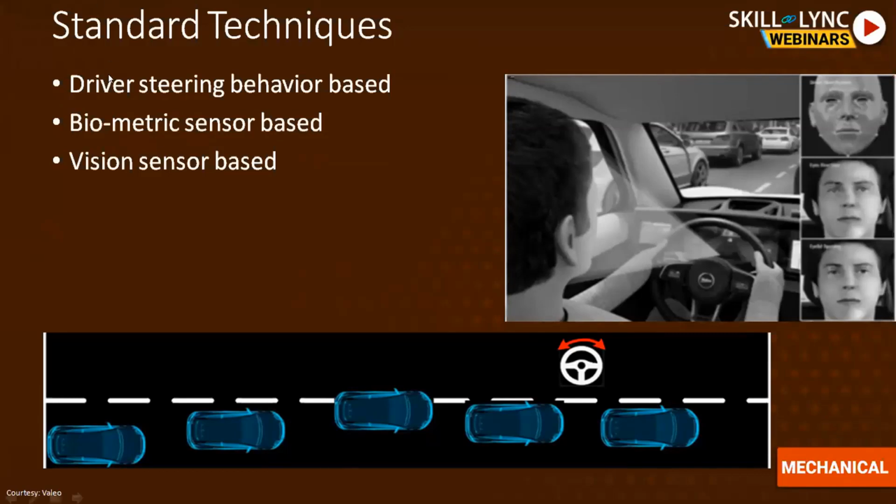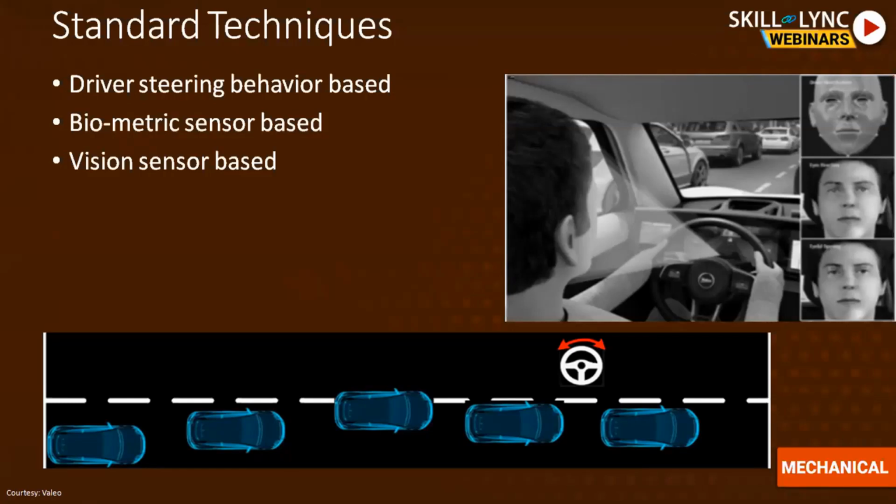The third technique, the vision sensor-based technique, is the most advanced technique that we have. As I can see on the right-hand side, it uses some way of detecting the user's facial features, expressions, the reactions of the human being, the eye movements, as I mentioned, the gaze and the eyelid, and a whole bunch of other things.